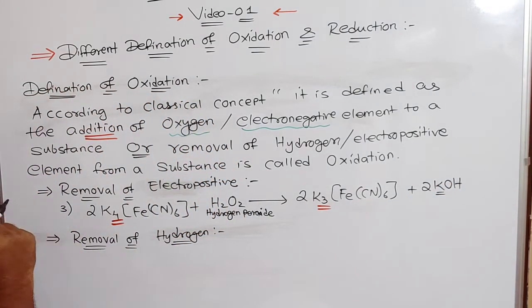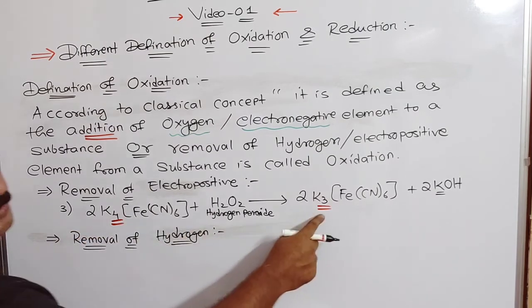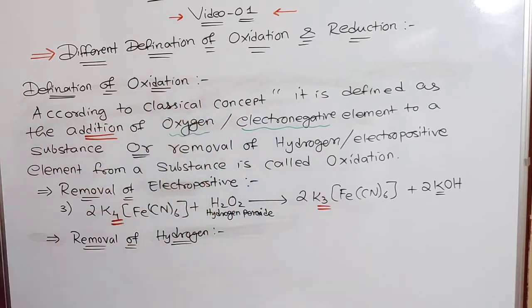Now this will come in your higher classes, complex compounds and all. In this case, the electropositive element, potassium, is being removed. That's why it is called oxidation. Now removal of hydrogen, one example we will take: 2H2S plus O2, this is also a gas.